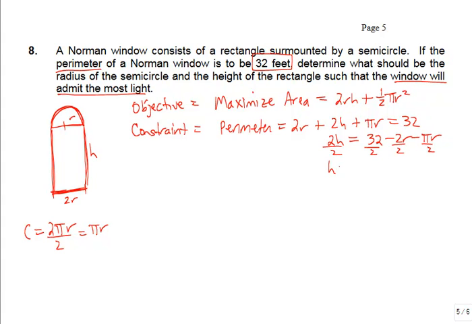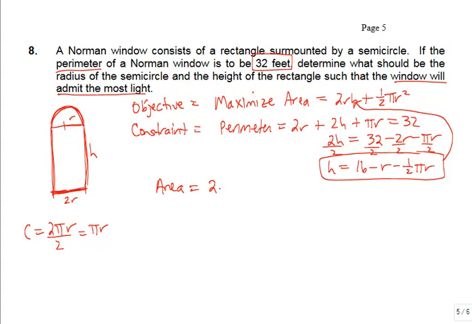So h becomes 16 minus r minus 1/2 pi r. And now I can take that h and substitute it in up here. So my area becomes 2r times (16 minus r minus 1/2 pi r) plus 1/2 pi r squared.